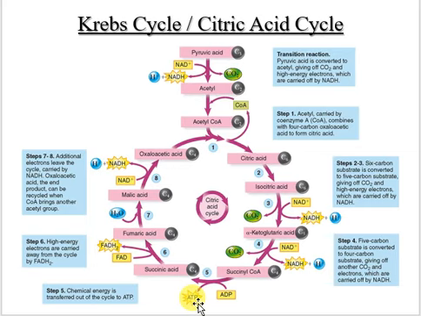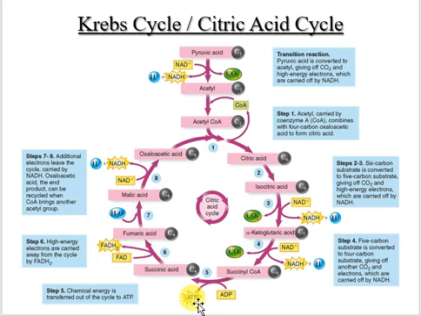It turns twice because from that one glucose, you have two pyruvic acids produced, which are transformed into two molecules of acetyl coenzyme A. Because two molecules of acetyl coenzyme A are moving into the Krebs cycle, you'll have two turns of the Krebs cycle.